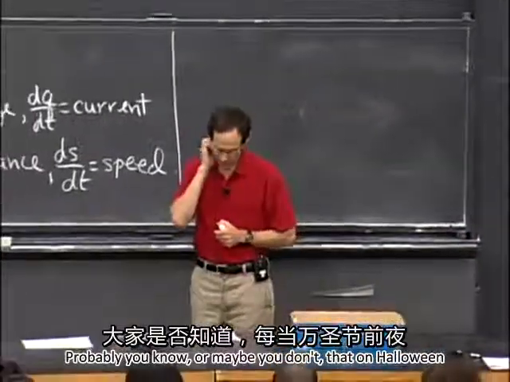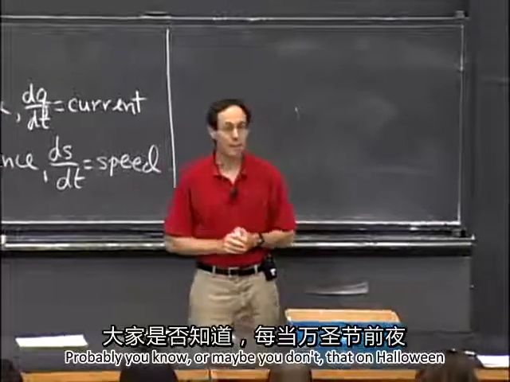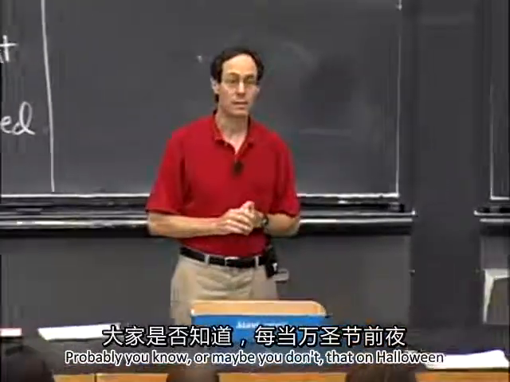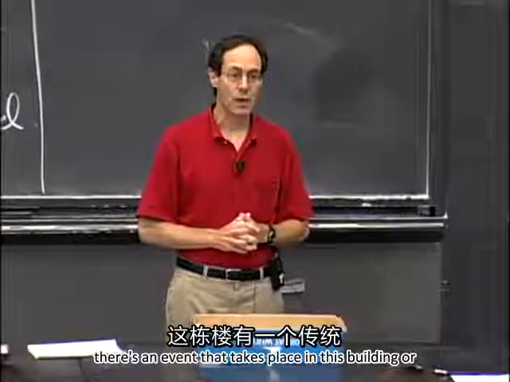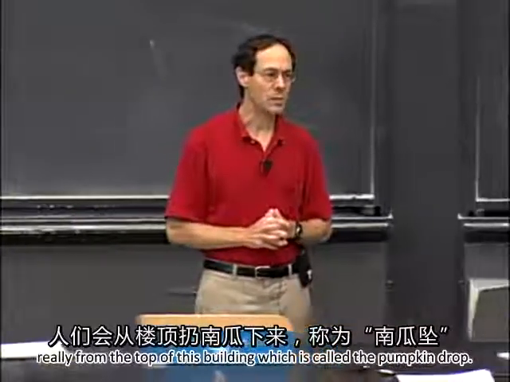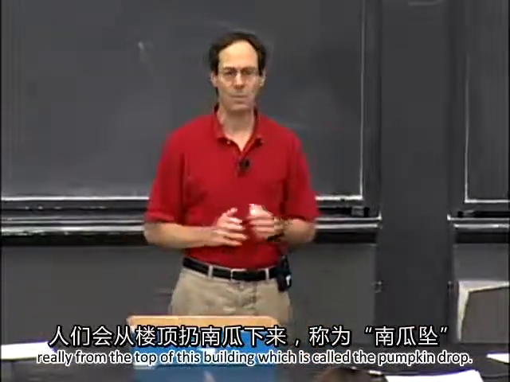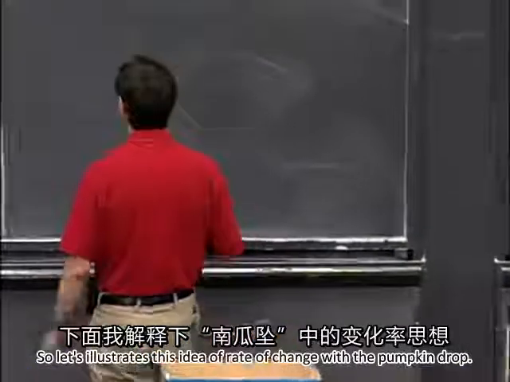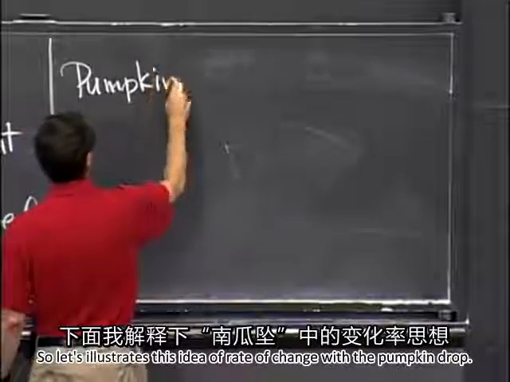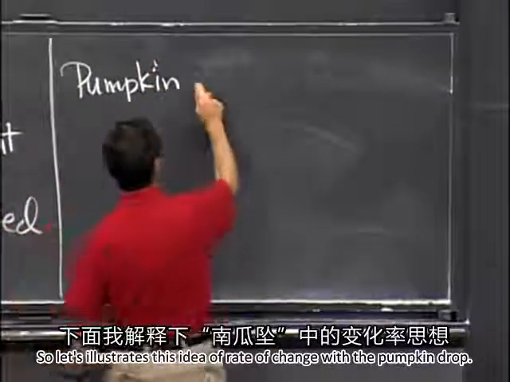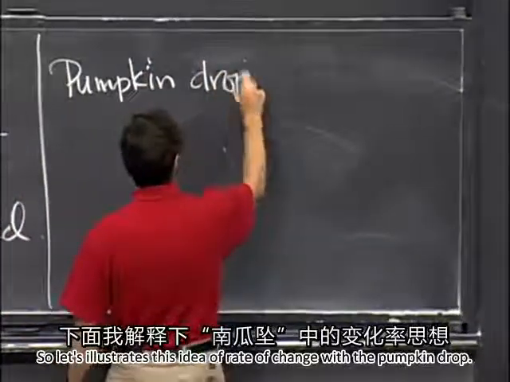Probably you know, or maybe you don't, that on Halloween there's an event that takes place in this building, or really from the top of this building, which is called the pumpkin drop. So let's illustrate this idea of rate of change with the pumpkin drop.